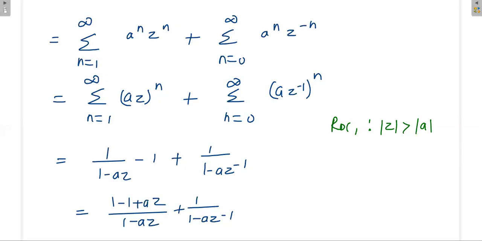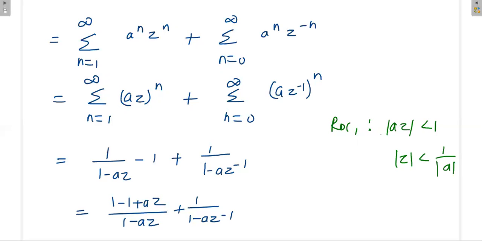For the first one, this is not in the standard format, so we know that mod a z should be less than 1. That means mod z is less than 1 by mod a.